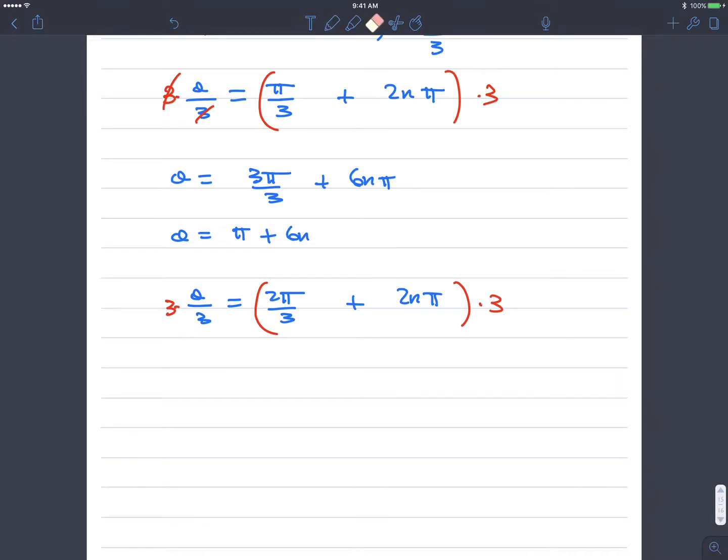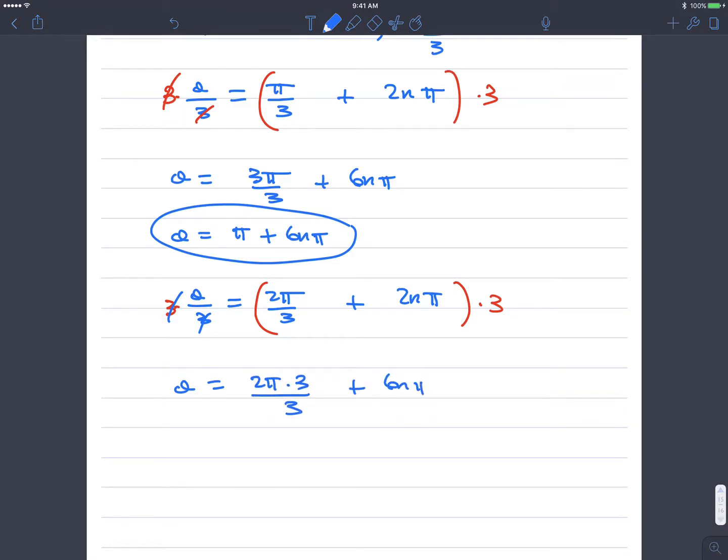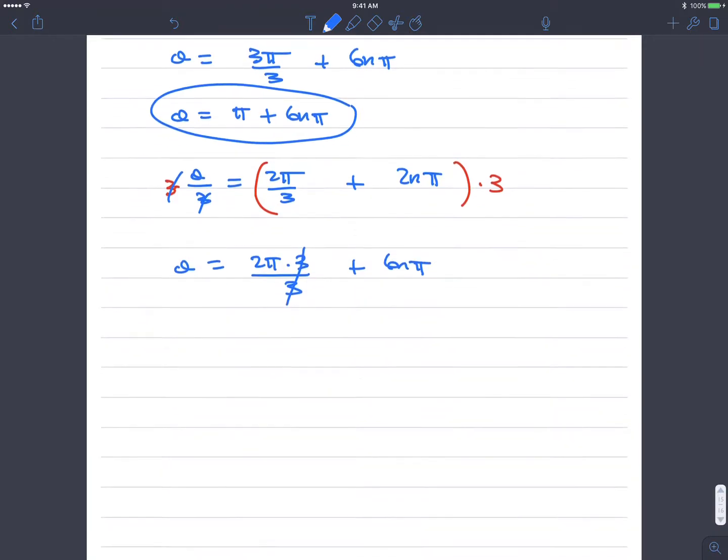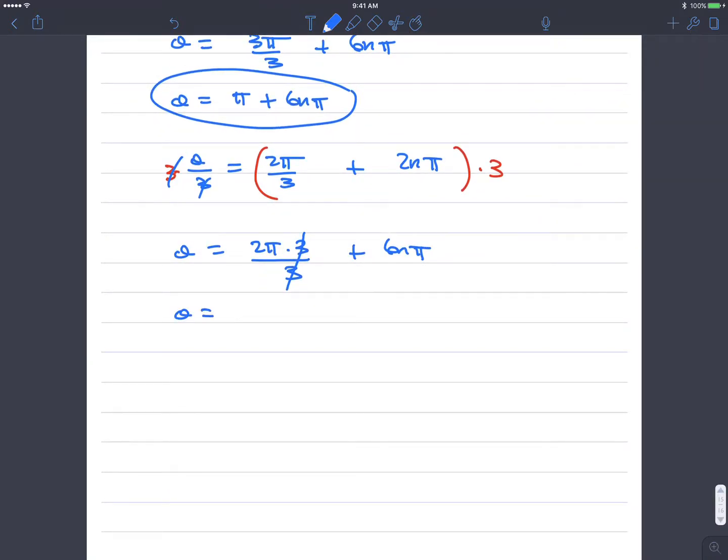Double check my arithmetic. Threes cancel. Distribute. 2 pi times 3 over 3 plus 6n pi. Threes cancel. And what do you end up here? 2 pi plus what? 6n pi. Your general solutions.